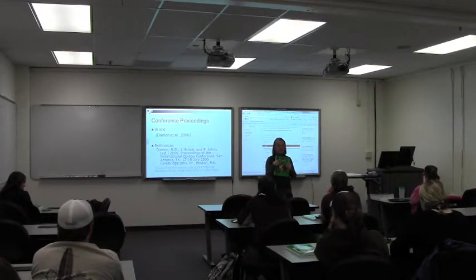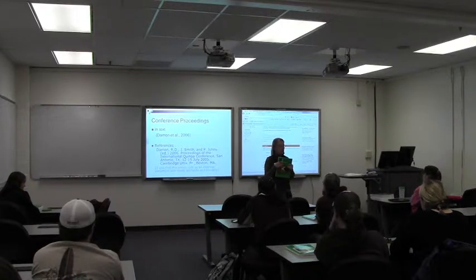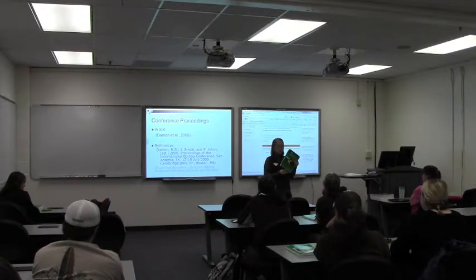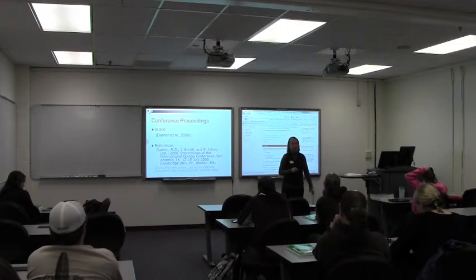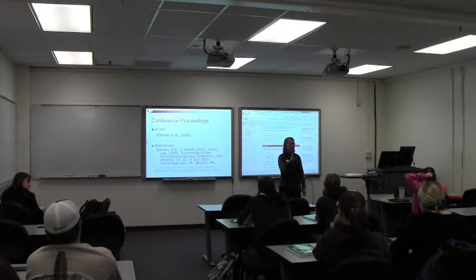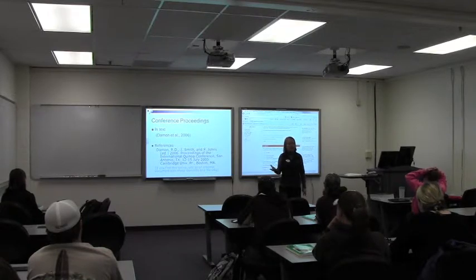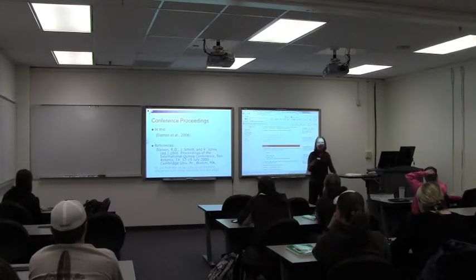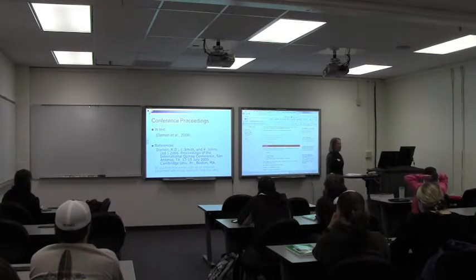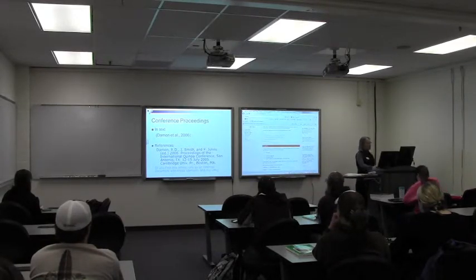They're not often as highly regarded as journal articles because they haven't been reviewed with the same rigor, but sometimes it's the only place you can find information because somebody will give a paper on a project and then they choose to never publish it. So there's a way to cite those.